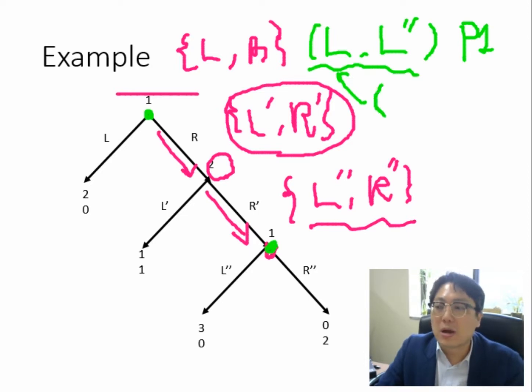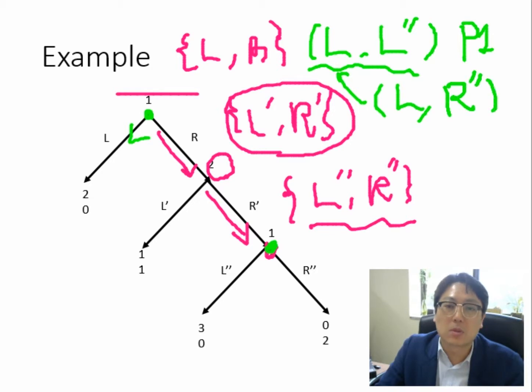Actually, there are more kinds of strategy that player 1 can choose. Even though the first player can choose this, if this node is reached, maybe this player can choose R double prime. Also, maybe from the first node, well, in some sense this is ridiculous because once player 1 chooses L, all the other things will not happen.